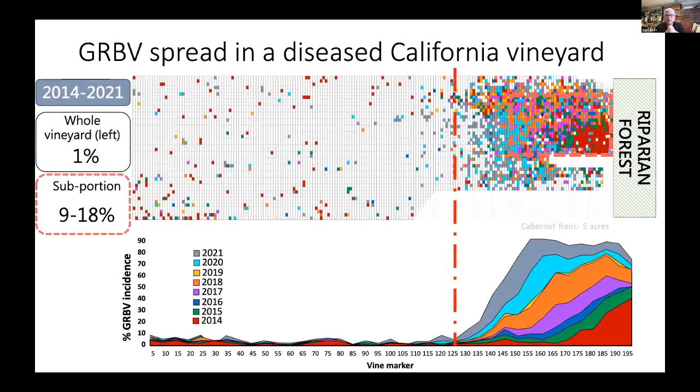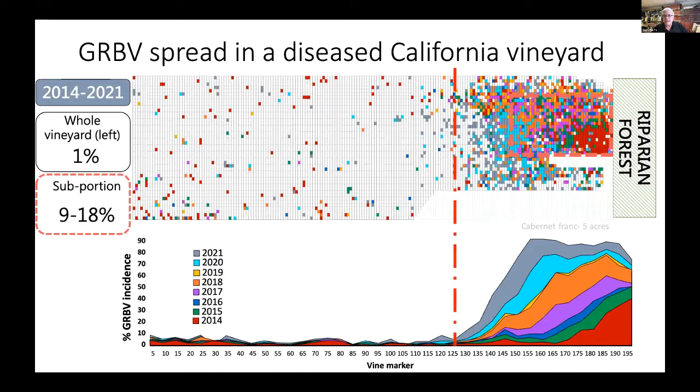And when I look at the rate of transmission on an annual basis, there is a 1%, sometimes 2%, but roughly an average of an annual 1% increase in the number of infected vines on the west side of the vineyard. But on the east side, it varies from 10 to close to 20% in terms of annual increase.